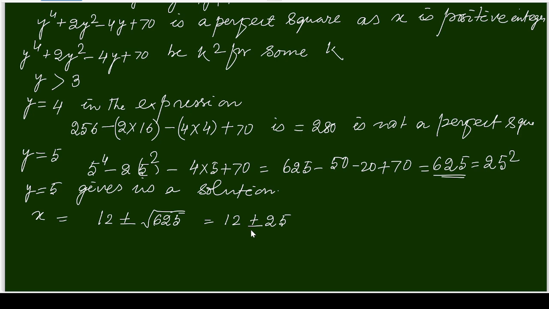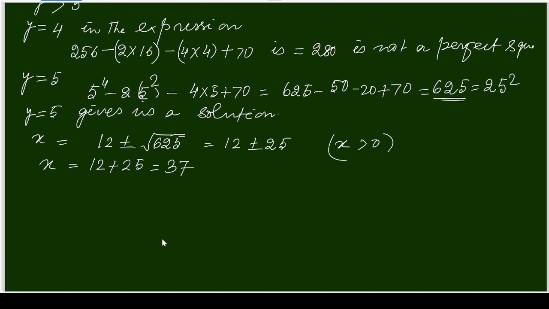I cannot take the negative sign because x is a positive integer. So x equals 12 plus 25, that will be 37. So we are getting the solution: x is 37 and y equals 5.